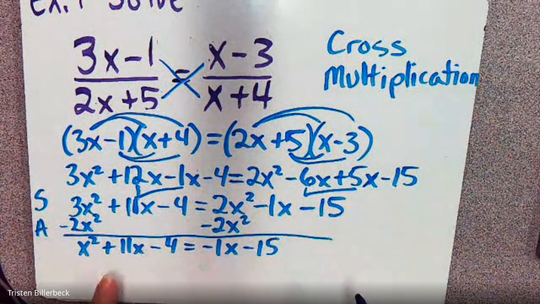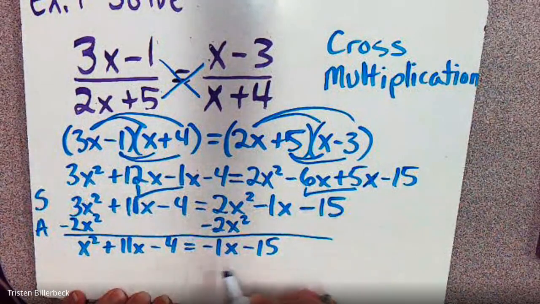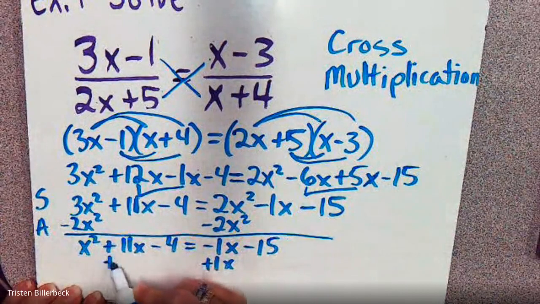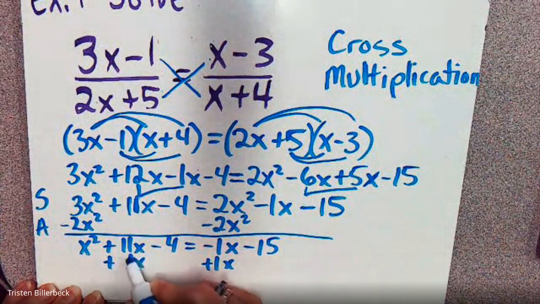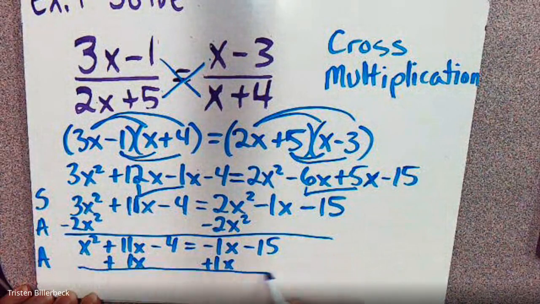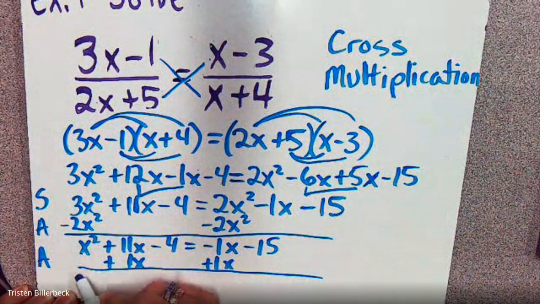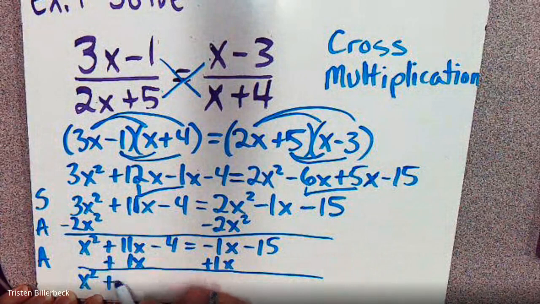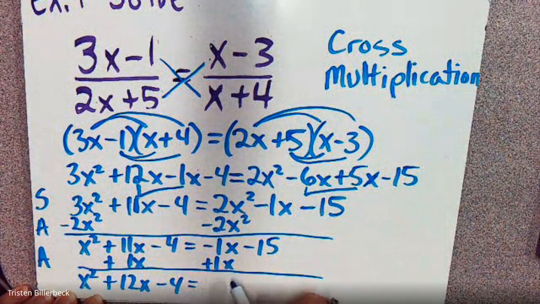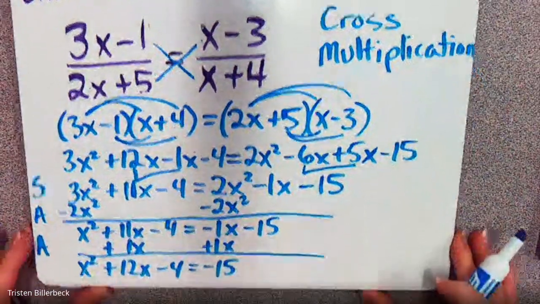Now we can move this over there. The opposite of a negative 1x is a positive 1x, so we put a positive 1x here, and that's another additive inverse. So we have x squared plus 12x minus 4 equals 0, and we have negative 15.